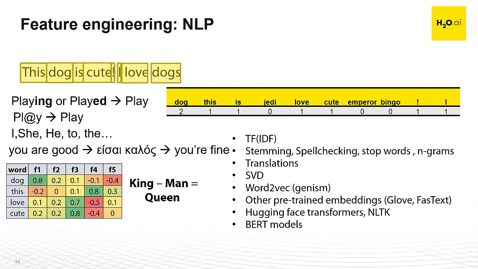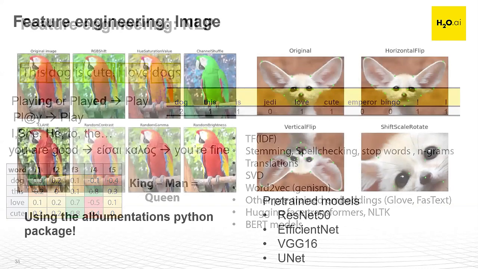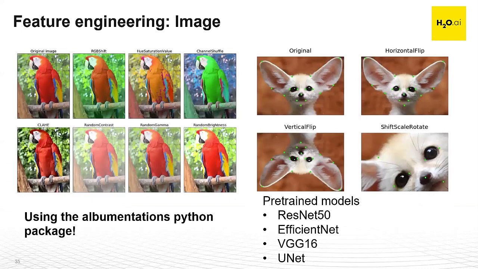You also have some models that incorporate feature engineering internally, like the BERT models. Images: there are many things you can do by slightly changing the image. For example, you can try flipping it horizontally or vertically, zooming in and zooming out along with rotations, and other types of distortion, adding some gamma or some brightness.